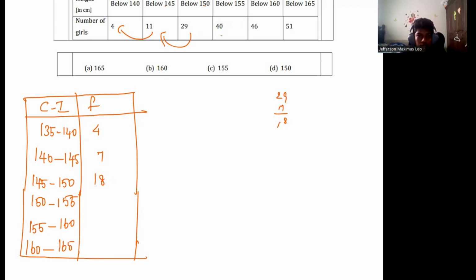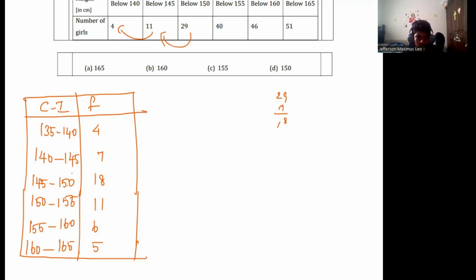And below 155, 40 minus 29 is 11. Then 46 minus 40 is 6. 51 minus 46 is 5. Now this is the correct table.